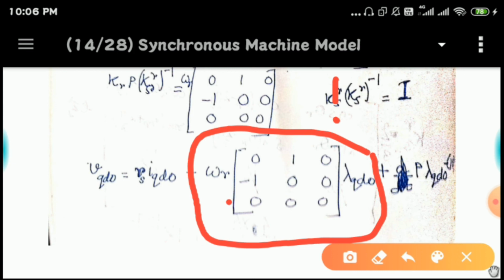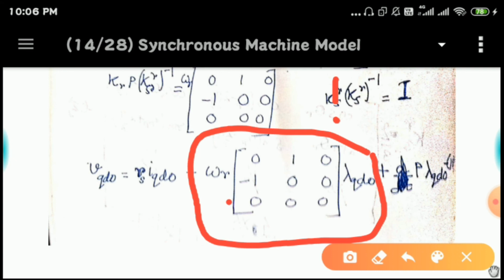We call this speed EMF because it depends on the speed of your rotating reference frame. If you increase the rotating reference frame speed, then obviously the contribution of lambda d on vq and lambda q on vd will increase.